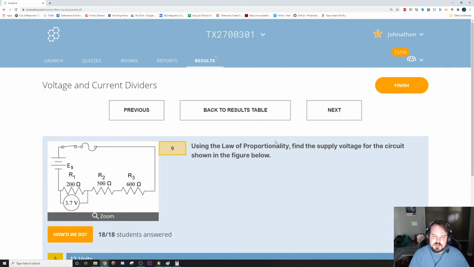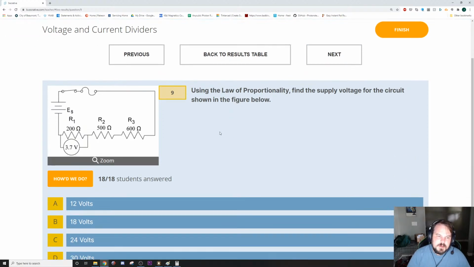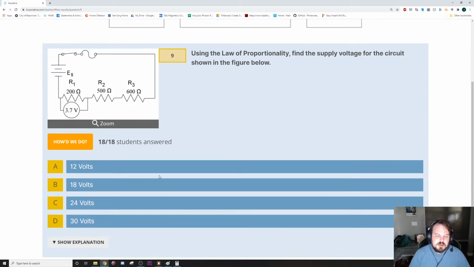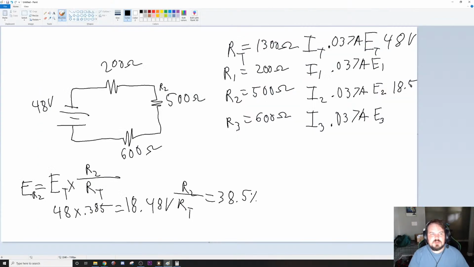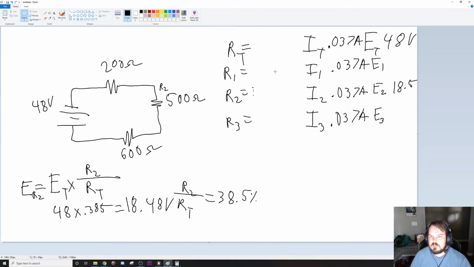Find the supply voltage for the circuit shown in the figure below. Okay, so this is backwards, but still doable. I will show you how to do this one. Let's delete everything.